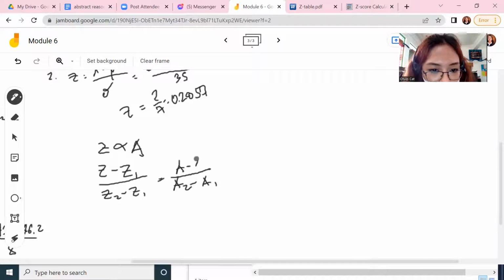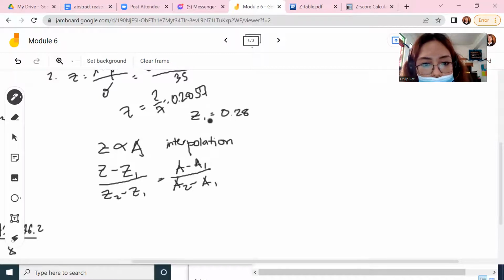This is ratio and proportion, also called interpolation. Z1 would be the lower limit of z, which is 0.28, and z2 is 0.29.